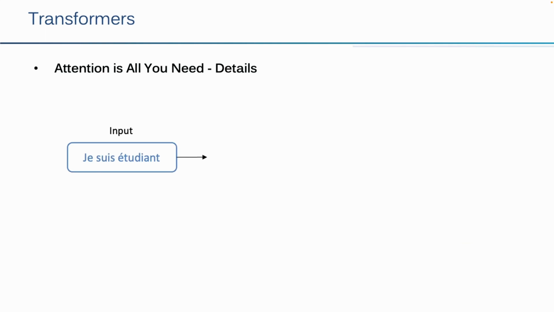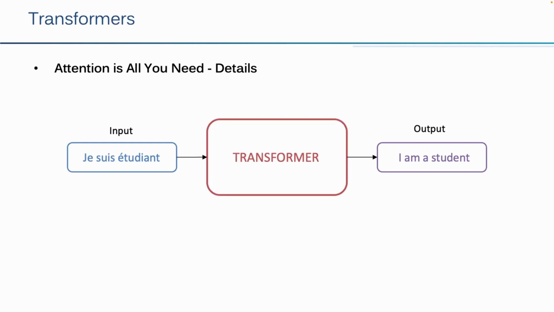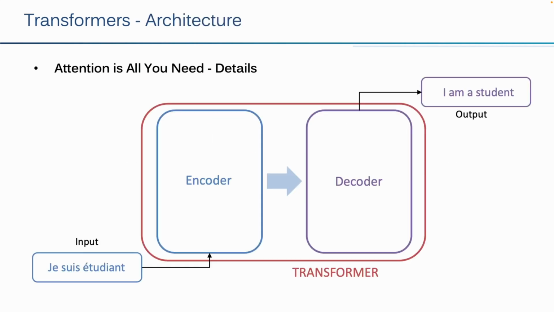Okay, so how does it work? We have some sort of input, like, for example, a French sentence. And then we have an output that we want. That's our target, and that's I am a student, the English version of that. And in between, there is the transformer. More specifically, in between, there are two parts of the transformer. For one, an encoder. The idea here is to encode the sentence in some sort of semantic space, like we've seen before, queen, woman, king, man.